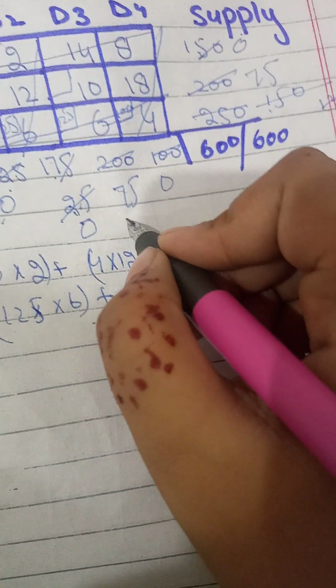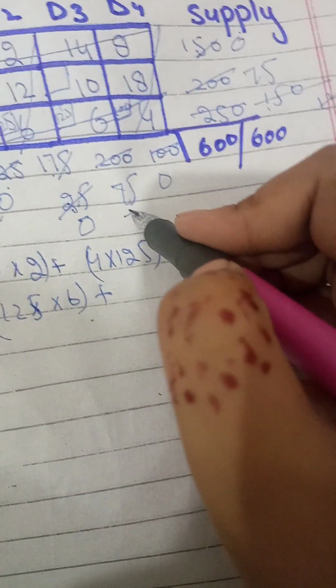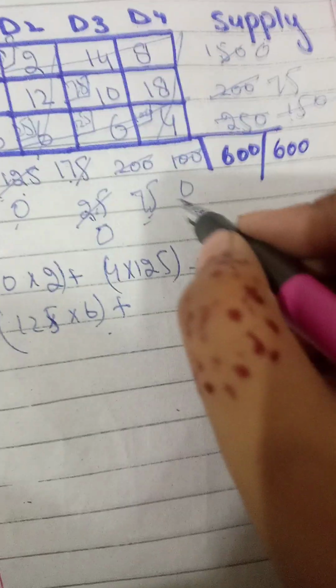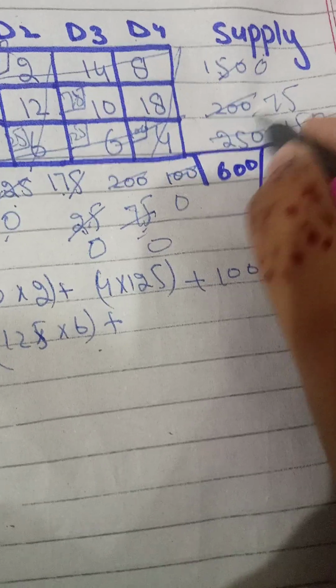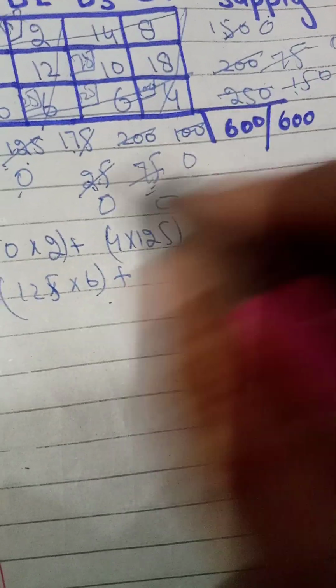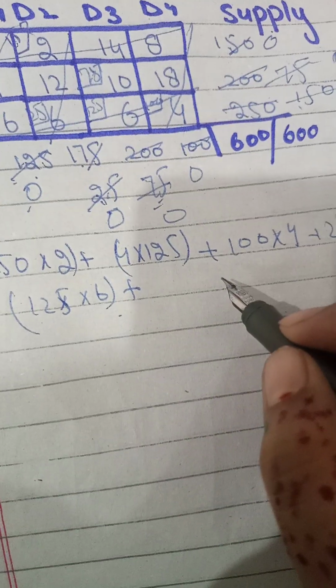Now the least is 10. By choosing 75 and 75, we will write 0, 0. So by solving these sums we will get the optimum solution.